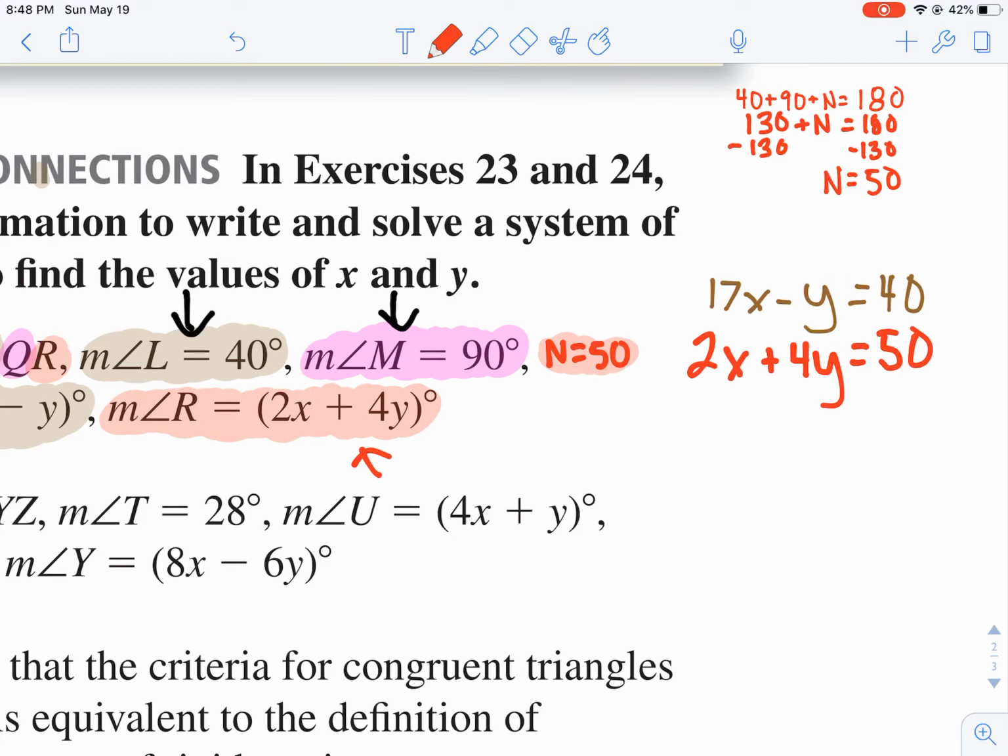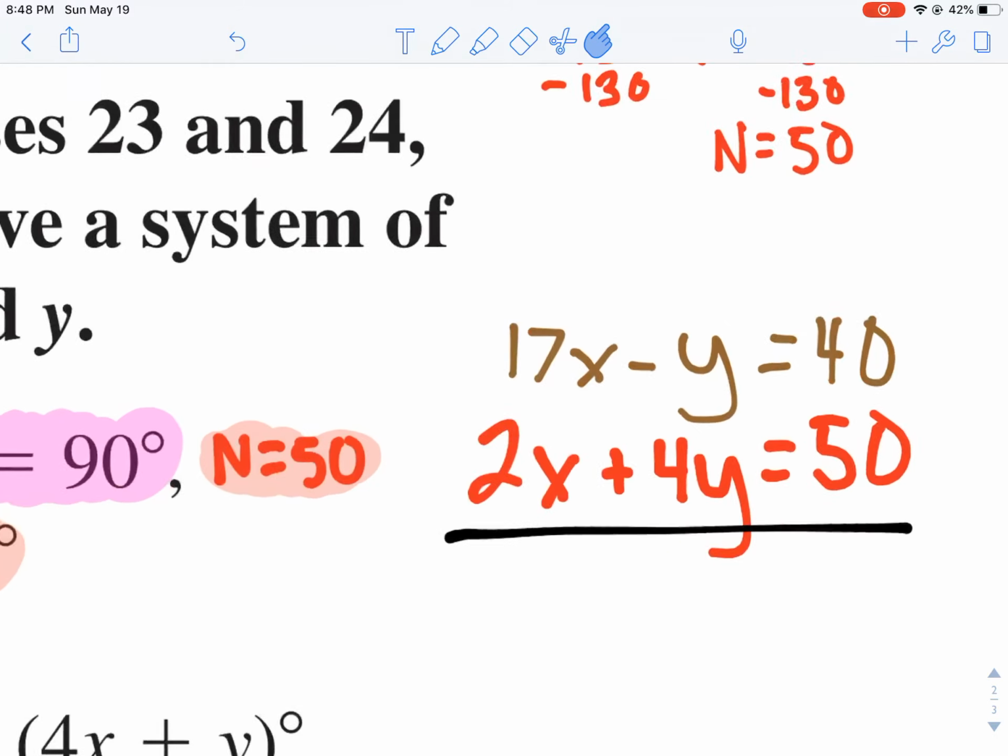Now you'll notice I have a system of equations. I have two equations that share the same variables. And now I'm going to have to solve for them. Now you have a number of ways you can go about this. Some people might like using substitution. You could do that. Some people might like using elimination. That's the way I'm going to go with this. I'm going to try and eliminate my y.